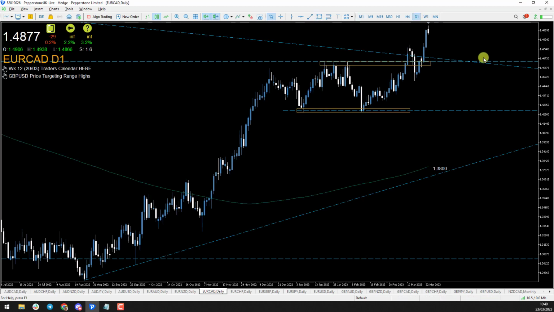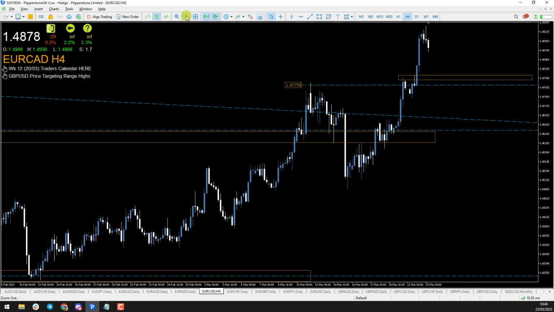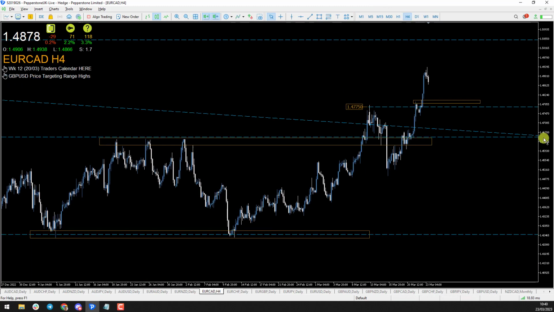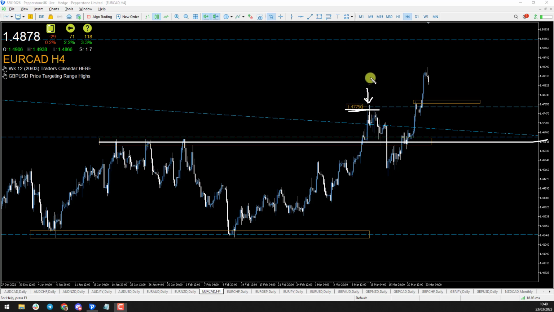However, if we go to the daily time frame, even the 4-hour time frame actually, just to zoom out a little bit, you can see that I've marked up a couple of areas of support and resistance. So obviously we have the major support running through there, which is that 1.4650 handle, but I've also marked out the 1.4775, and the reason being is because price has recently found some resistance here and resistance here before seeing a real strong breakout.